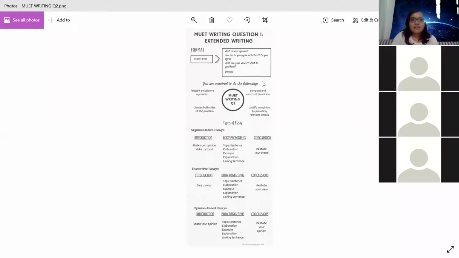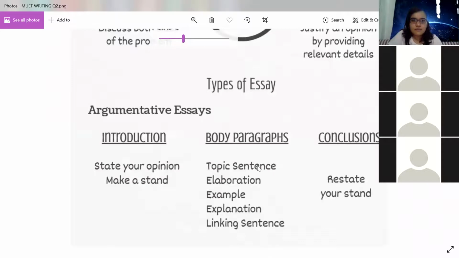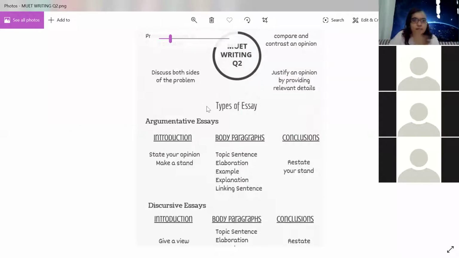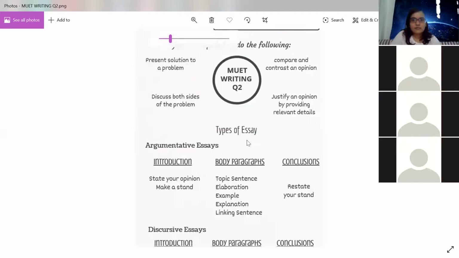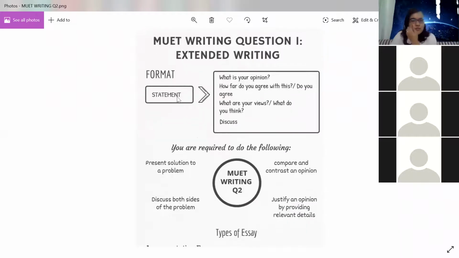Yes. Okay, so if you look at this infographic, you have the format here.